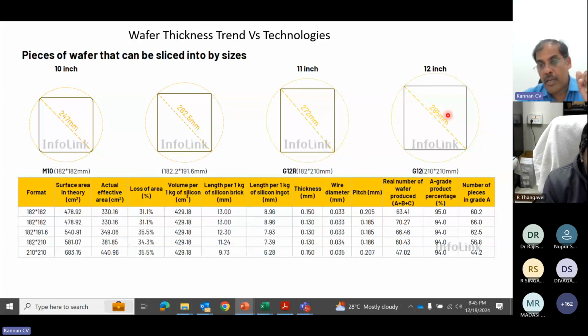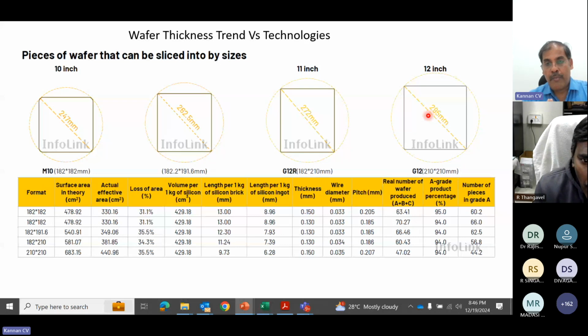Some few manufacturers have started using 210, where they use a 300 mm diameter crystal, whereas for 182 they use 250. So by changing the diameter of the crystal, they can produce different sizes of wafer according to their module panel design.